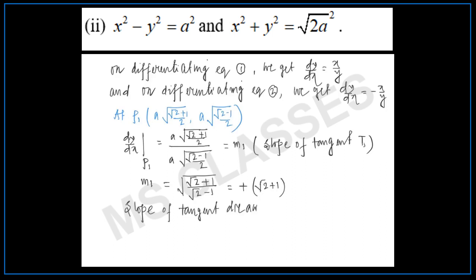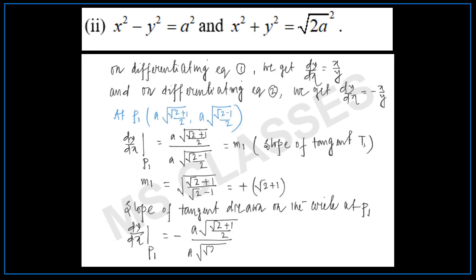Now for that, dy by dx at P1 will be minus a root under of root 2 plus 1 by 2 whole divided by a root under of root 2 minus 1 by 2. Now this will be m2, which is the slope of the tangent T2.